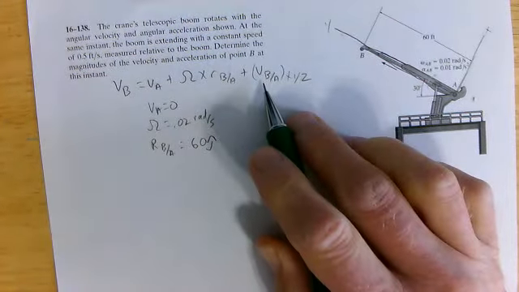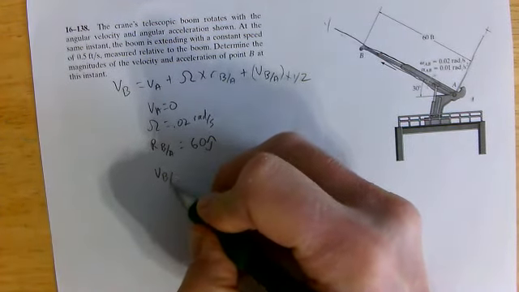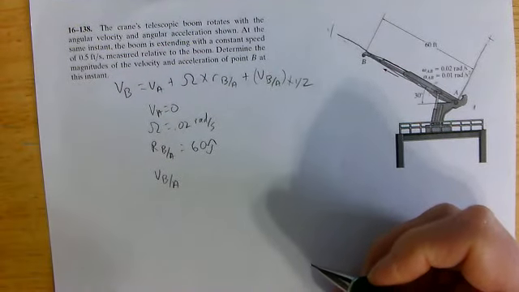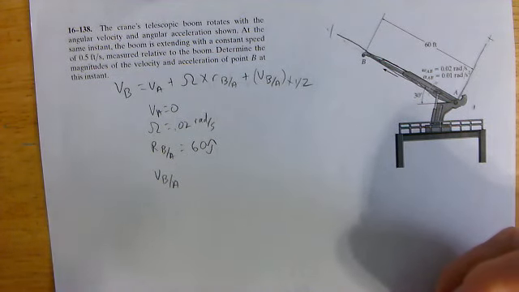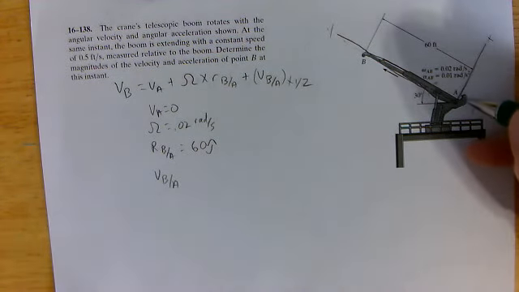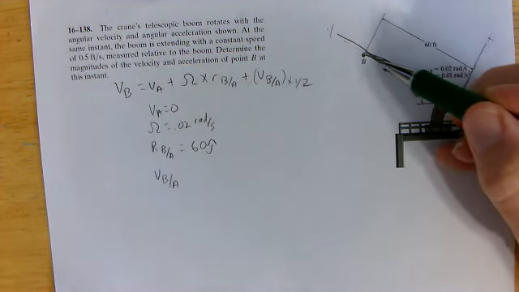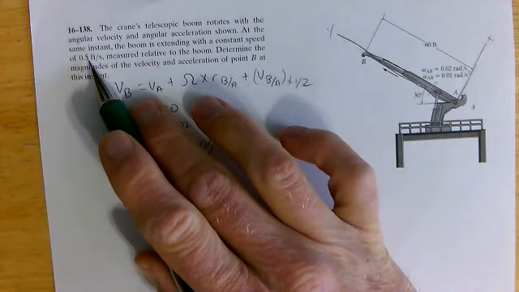So VB with respect to A is the velocity of B with respect to A measured by an observer attached to the rotating frame. So some guy standing right here is looking out, he's rotating, and he's watching that move out. So that is just the velocity of the boom.